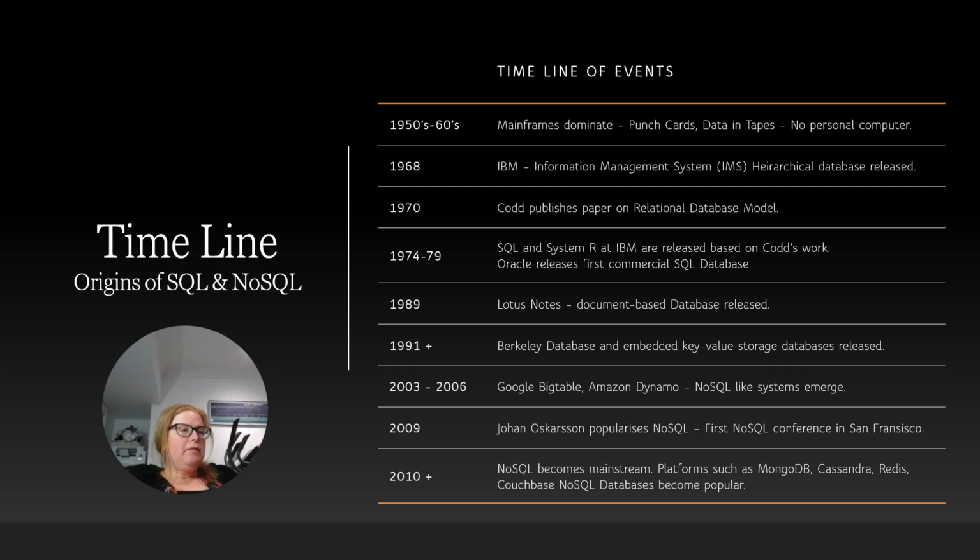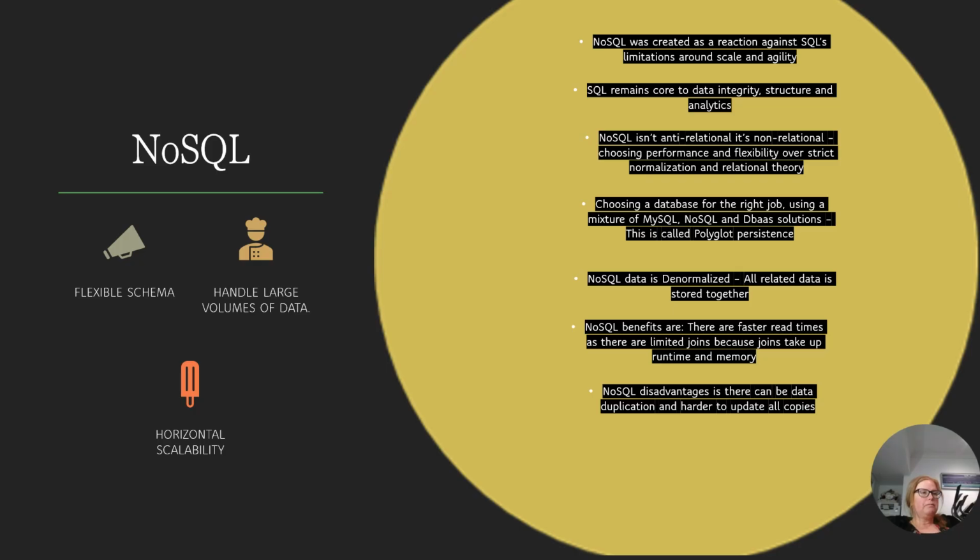So let's keep scrolling through these and have a look at something else. I've listed here some NoSQL advantages, things that are good, and also a couple of disadvantages. So here we go.